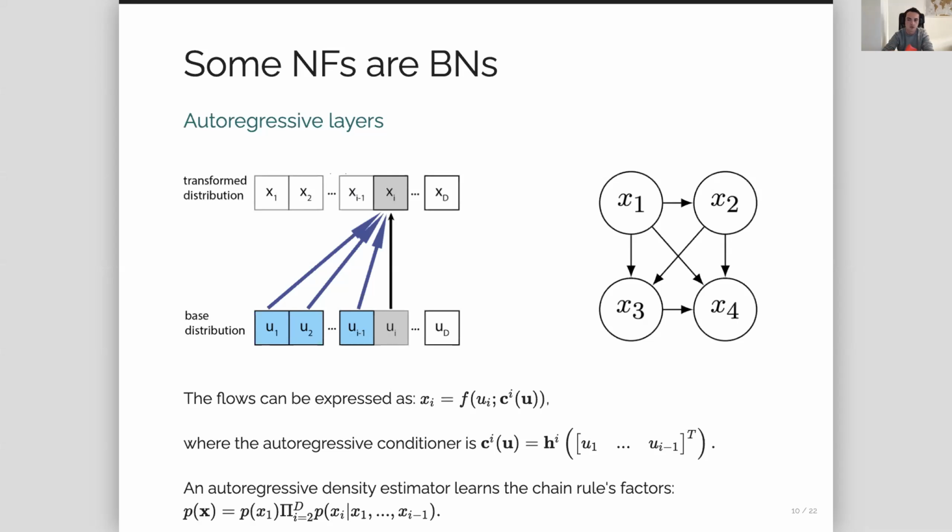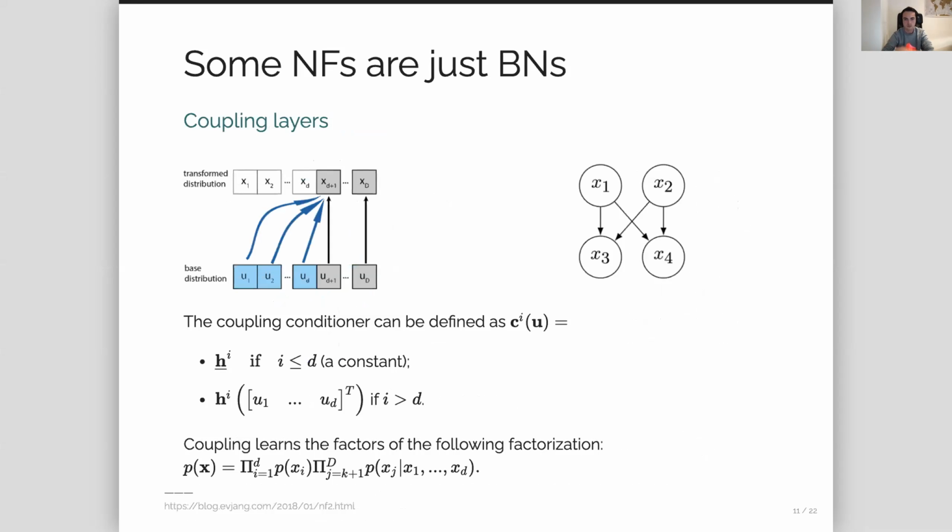And if you have only one step of flow, and you are using a latent distribution that is composed of independent components, then it's equivalent to modeling each factor of the factorized distribution. And I won't go into the detail, but you can show that this is also valid for coupling layers. So you can model the coupling layers as being a specific Bayesian network.